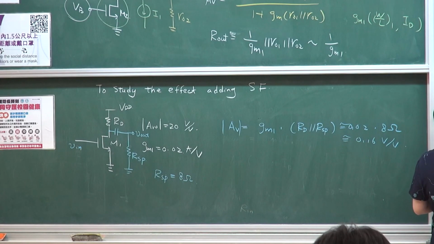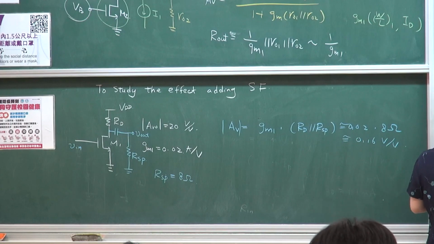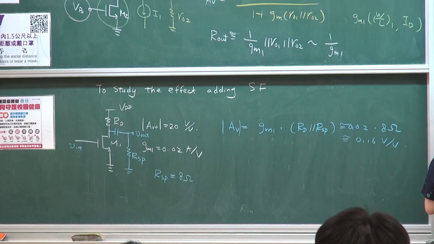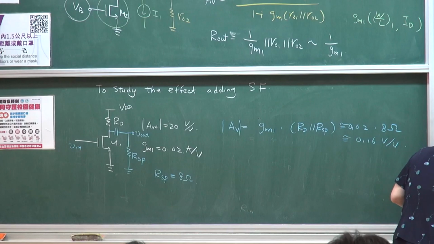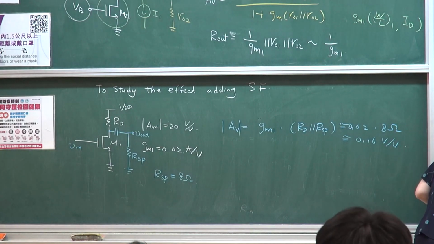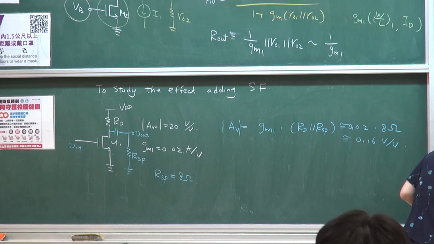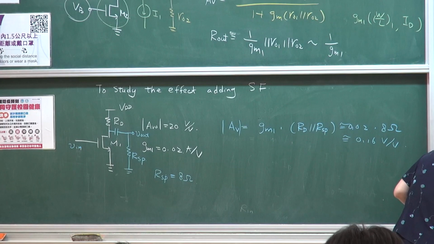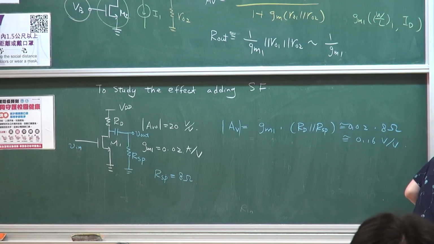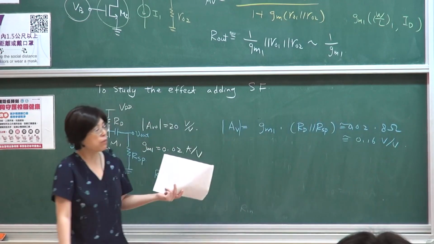The first stage will still be my original design, M1, with a gain of 20. For this stage, my input resistance is infinite and my output resistance is R2. This is the description of the first stage.